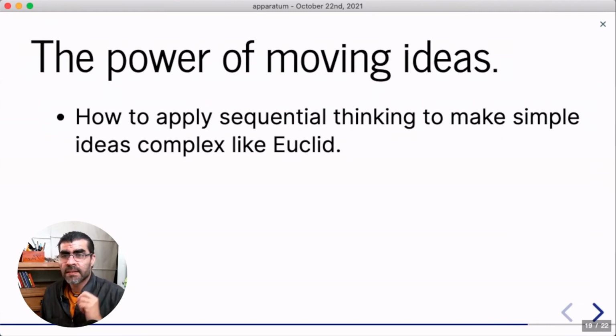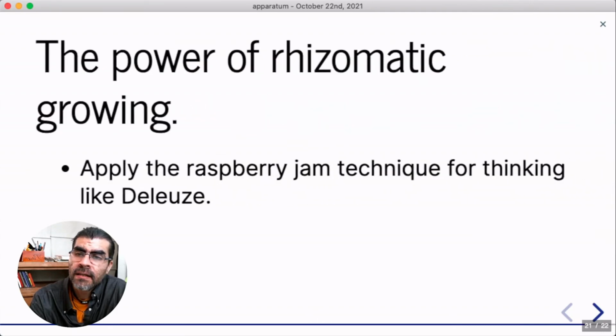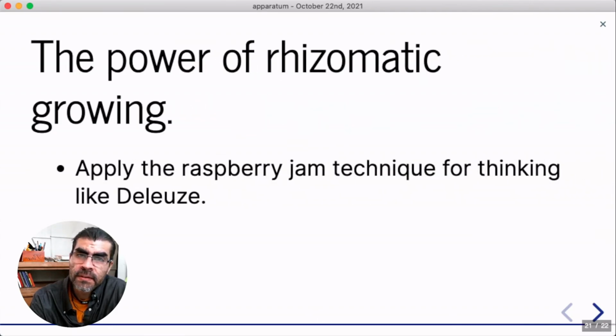Euclid is a very interesting example of how we can move ideas that we already have and make them better, by creating sequences. It's a very interesting way of how something that we already know, we can explain it and make it better and extend our knowledge.